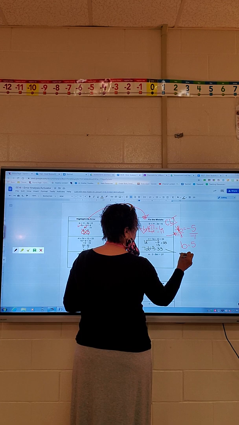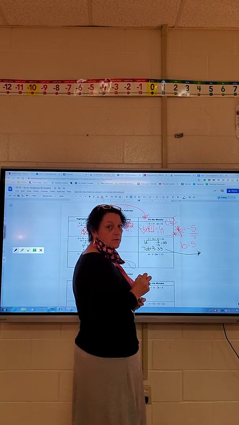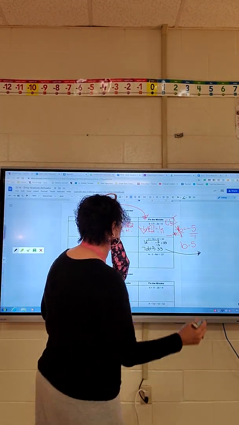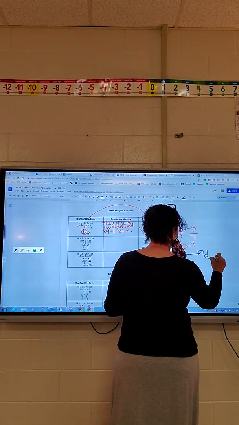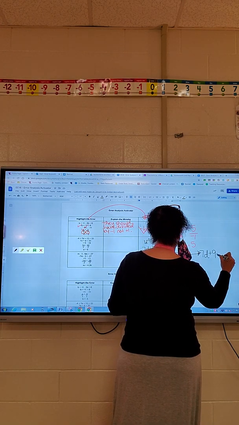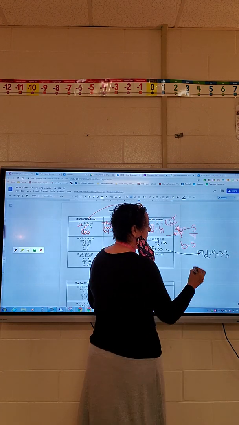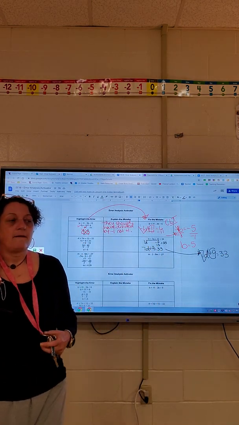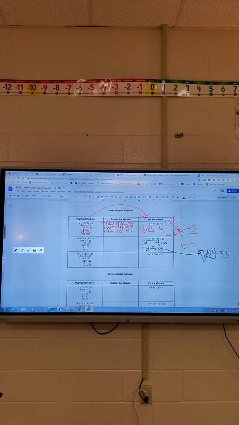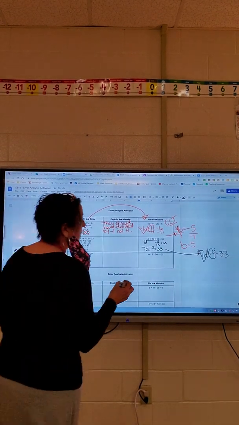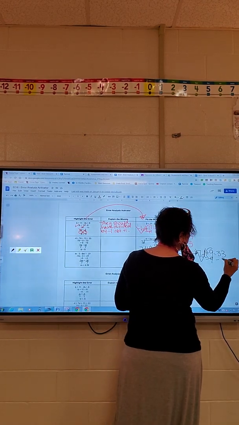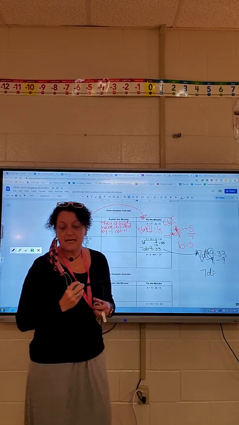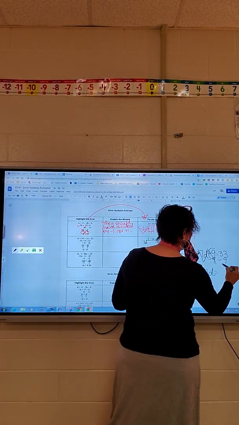Now, I'm going to come right over here and work it so you can see it, okay? So 7D plus 9 equals 33. Here's my variable term. Here's my constant term. All right, we're going to subtract 9 from both sides. And 7D is equal to, what is 33 minus 9? 24.